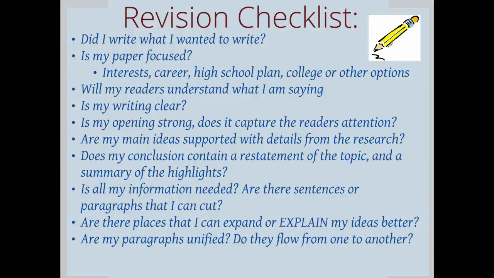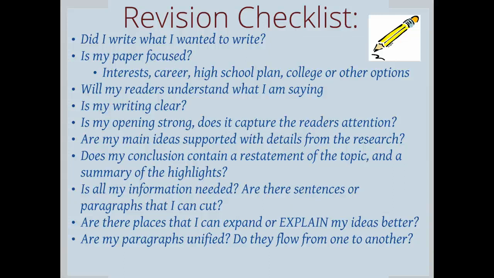Maybe you're looking at your rough draft and you see that you've ended up with this 8-paragraph essay because you've got your intro, the interest paragraph, the career paragraph, a paragraph on high school planning, a couple paragraphs on colleges that you've selected, and then your conclusion, and you just think it's too long, it's too detailed. Maybe you could go back and take out the interest paragraph. That's revision. You're taking out an entire paragraph because you quite frankly think that it's not needed.